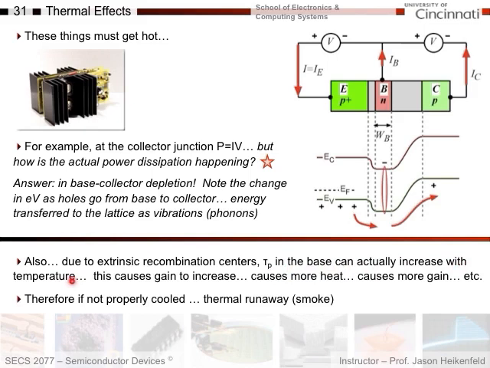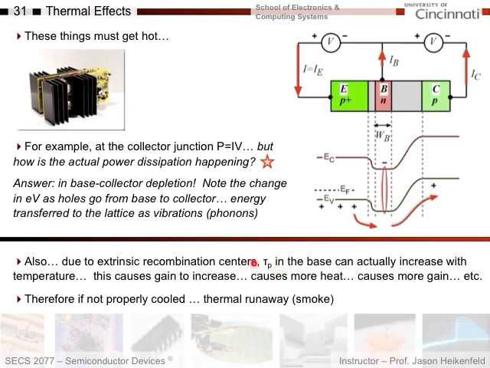Let me say it again. In many BJTs, the semiconductor quality is such that the hole lifetime in the base will actually increase with temperature, which is the opposite of classical recombination, where you increase temperature, they move around faster, they find each other faster, and they recombine faster. That's because of these extrinsic recombination centers, which are defects which tend to dominate the recombination.